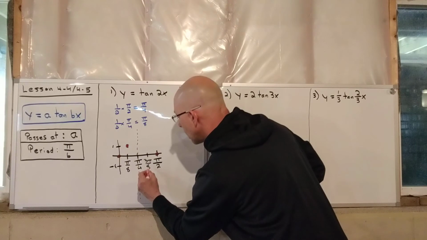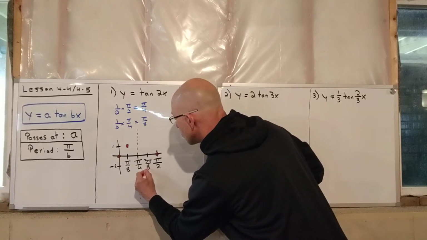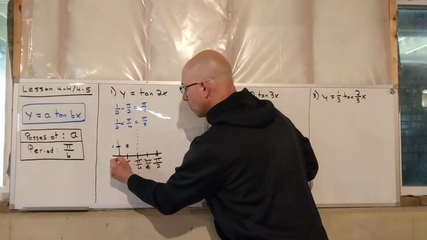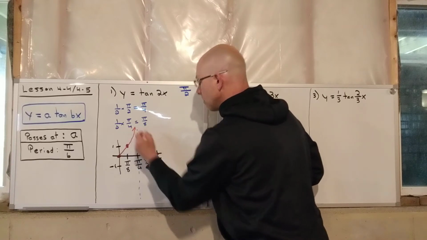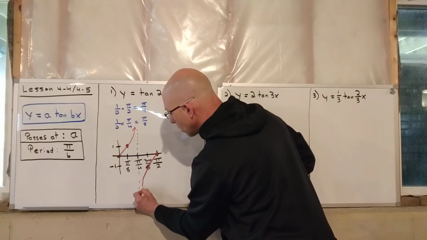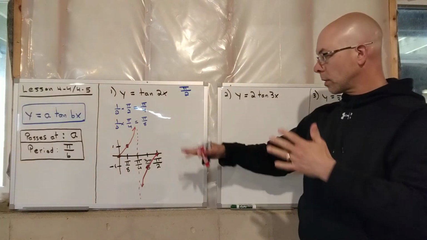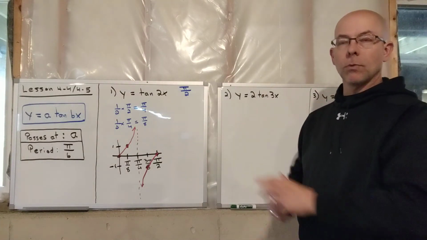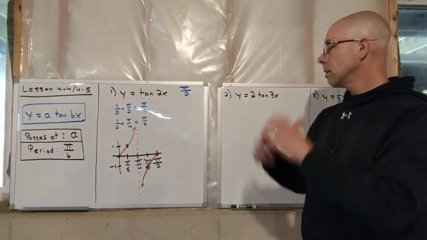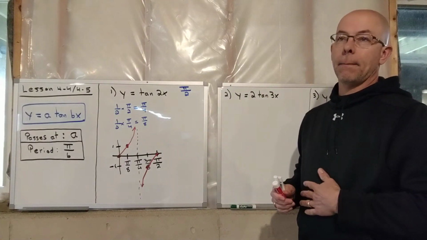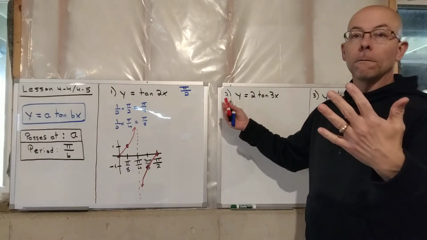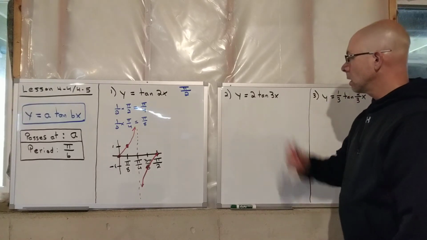At 3 pi over 8, it goes down to the negative 1, which is roughly right there. And we go through here to positive infinity, back through here towards negative infinity. And there's what the graph looked like when I drew the original first tangent and stopped at just pi. So there you go. Next.